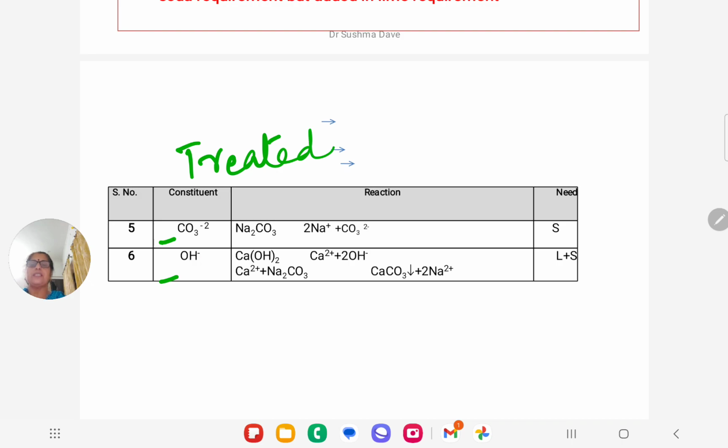If lime is in excess, then it will generate calcium ions which are removed by soda, and if in spite of removal of calcium ions soda is in excess, then sodium carbonate is in excess. Therefore, what will be the requirement or the back calculation? Soda was extra, and lime was also extra, so L plus S. If the requirement is back calculated, both soda and lime are added.